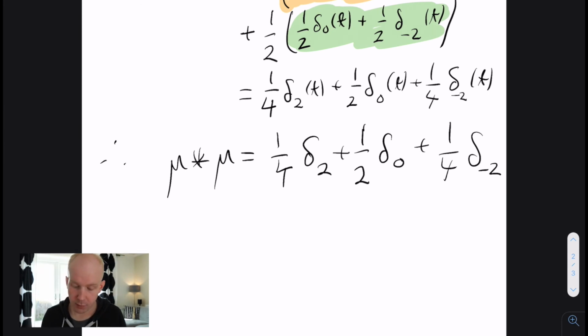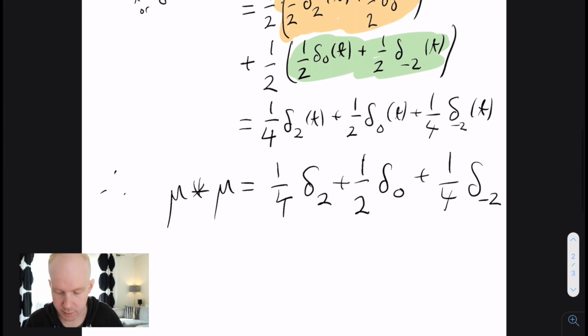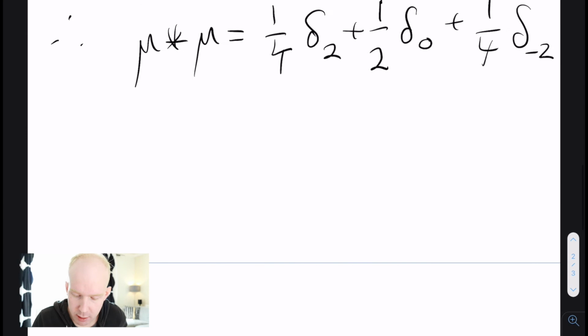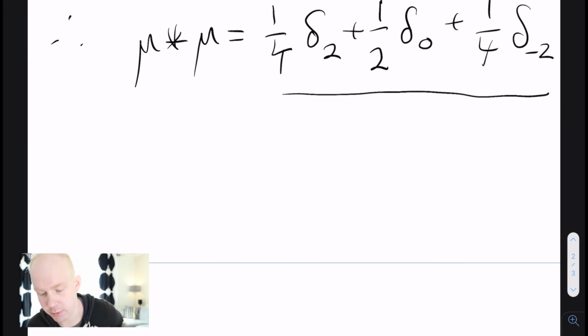So that's the definition of this mu star mu. And now if you look at the intuition that we used in the same way, if you look at this probability, this is saying that after 2 steps the only possibilities where you could be is at either 0, minus 2 or at 2.